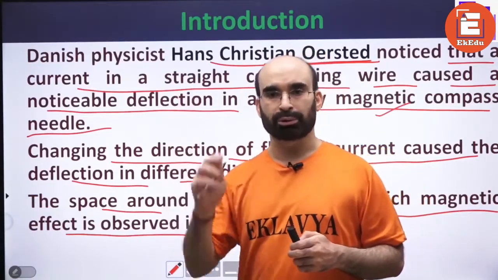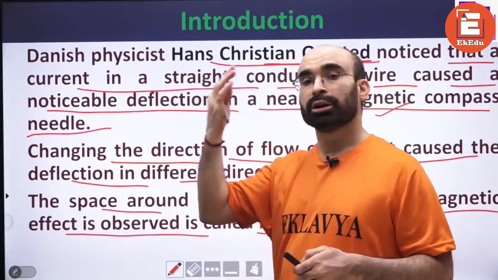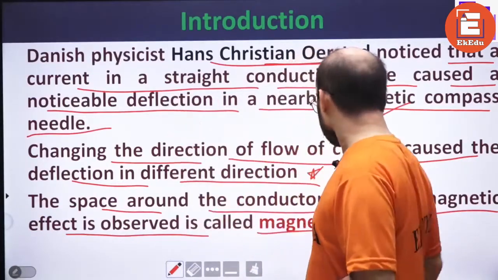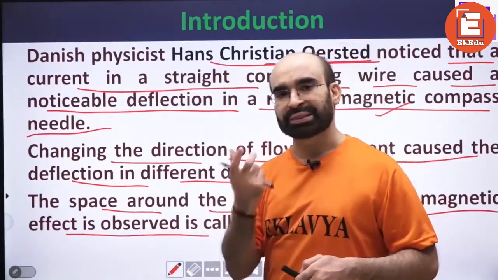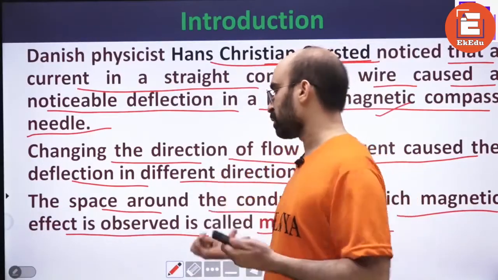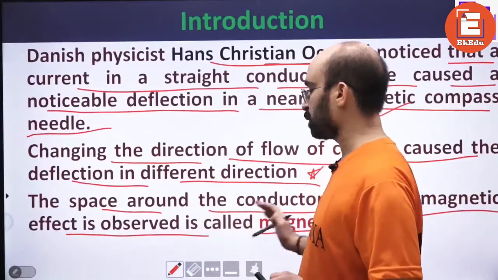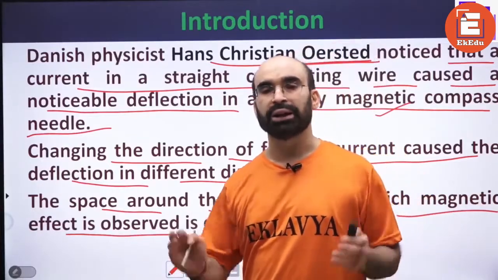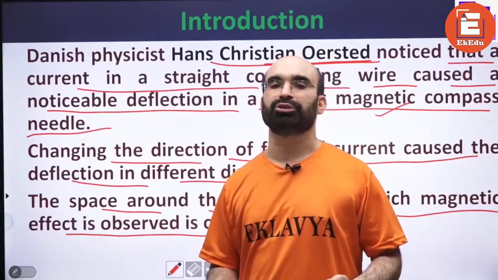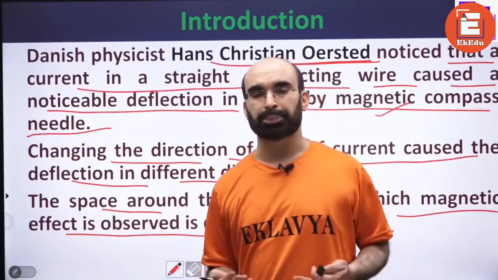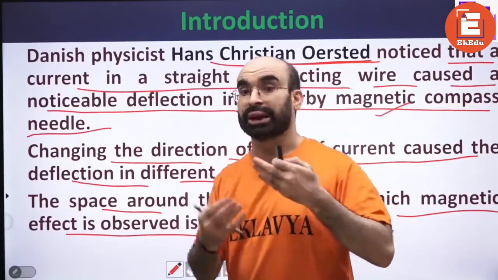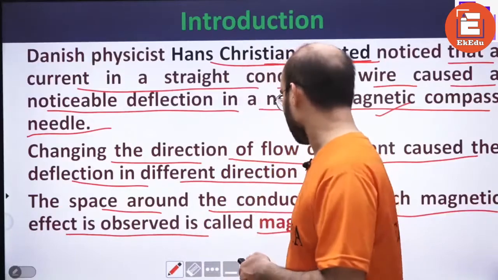So we will talk about that when we do that topic. Right now, just a basic understanding. Space around the conductor in which magnetic effect is observed is called magnetic field. You must have done this very simple definition in class 10th.